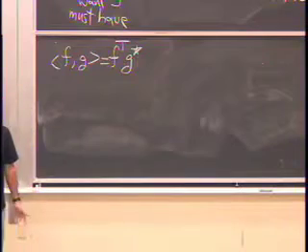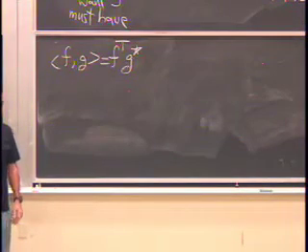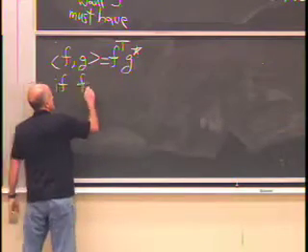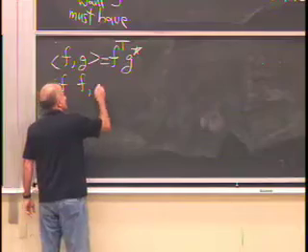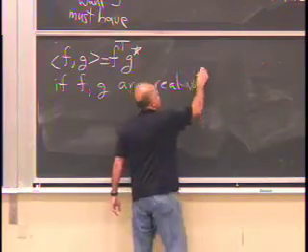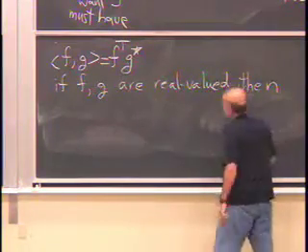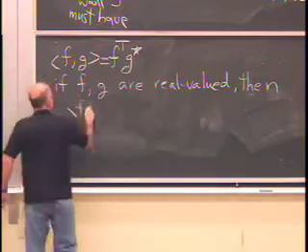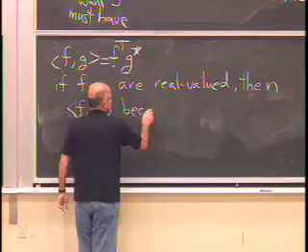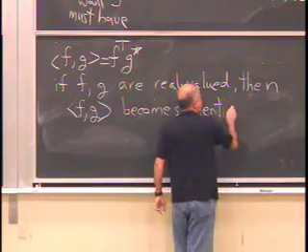Now, if f and g are both real valued, what happens? g conjugate is equal to g. So if f and g are real valued, then our definition of the inner product becomes identical to what you know from before as the dot product.